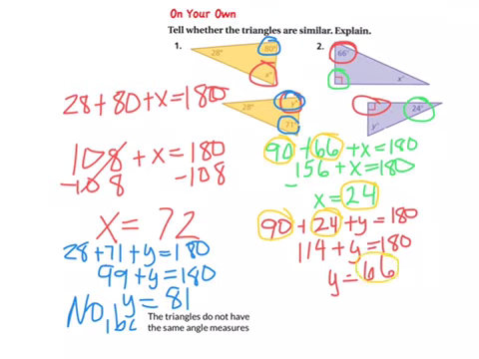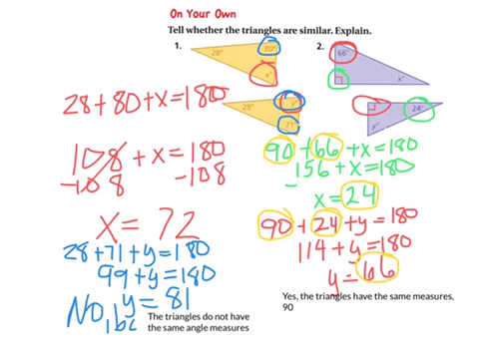So for this one, let me get my typing tool. You would say yes, the triangles have the same measures, and then you would list the triangles. So you're going to say 90, I don't think I have a little degree sign on this thing.